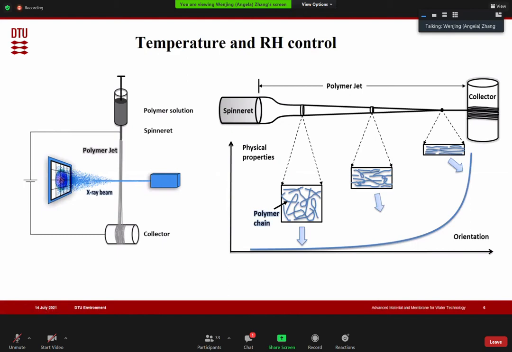But during the flight between the needles and your collector, you will see the polymer chains tend to be elongated and stretched and form a certain orientation. And this process is very strongly related to the air surrounding your electrospinning process, and temperature and relative humidity, because that will determine the evaporation of the solvent and also how much you can stretch and orient your polymer chains.